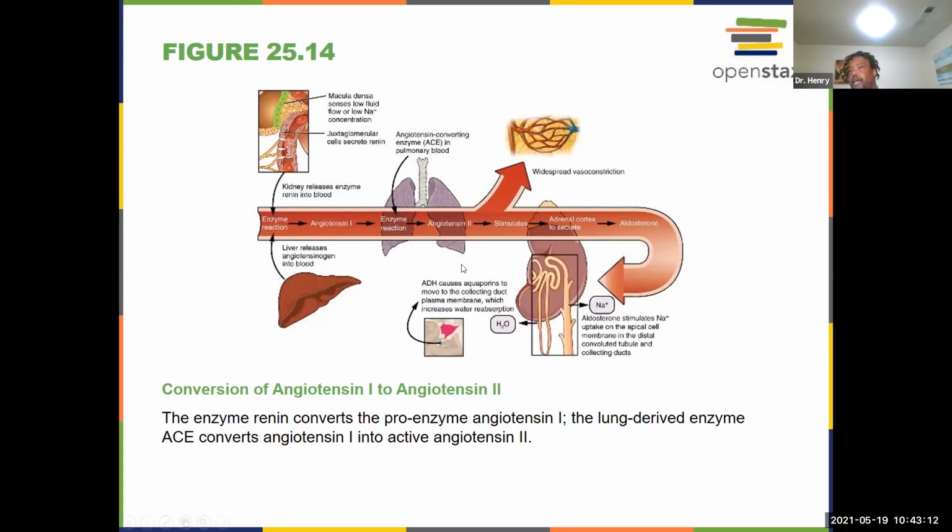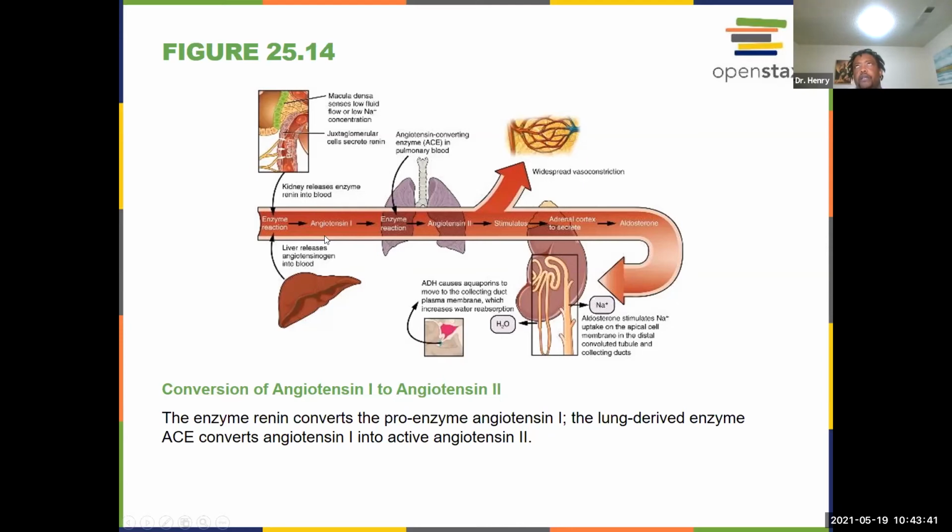Then the angiotensinogen is going to be converted into angiotensin 1, and that's going to be done by the renin enzyme.